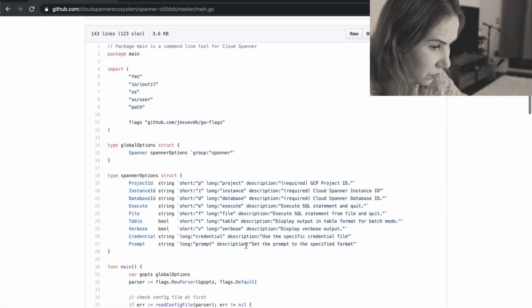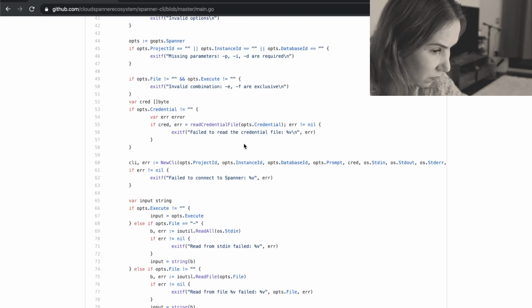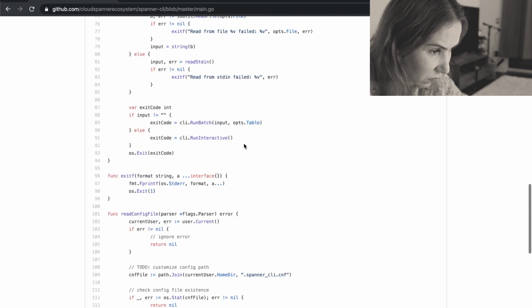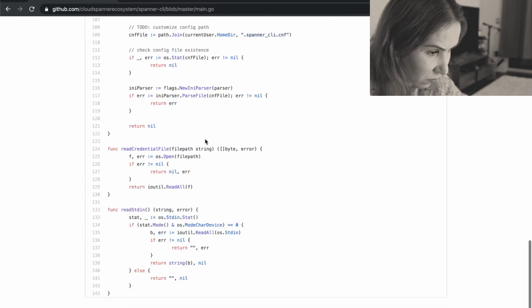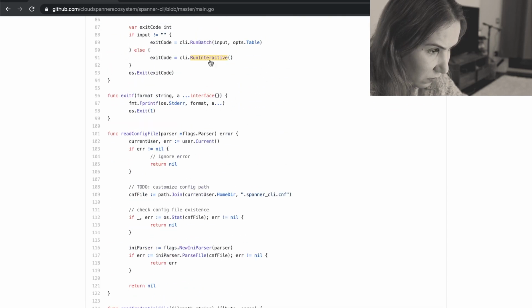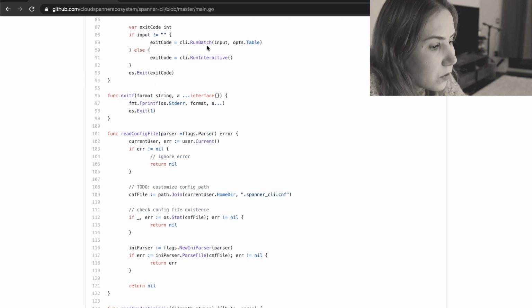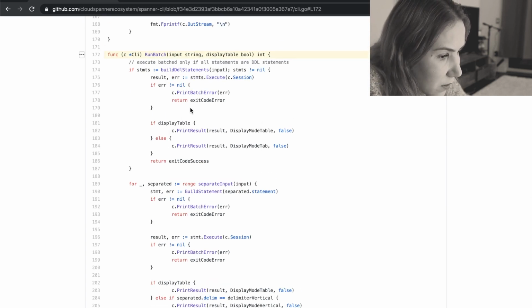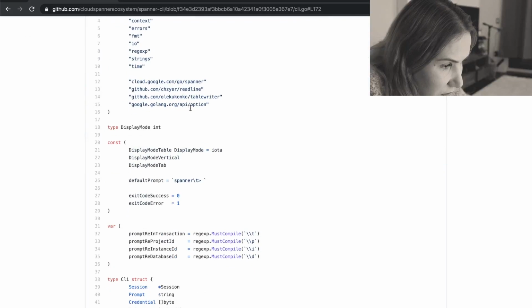Let's see if they have used the generated libraries or something. I can actually do some contributions to this. This is a library. That's interesting. Yeah, they're using this library.